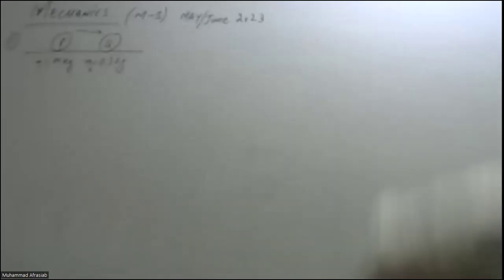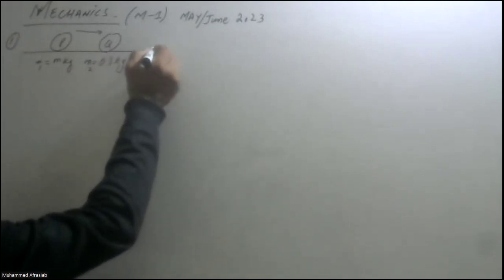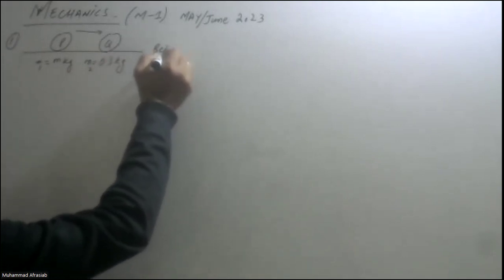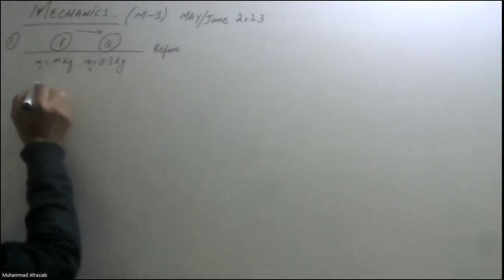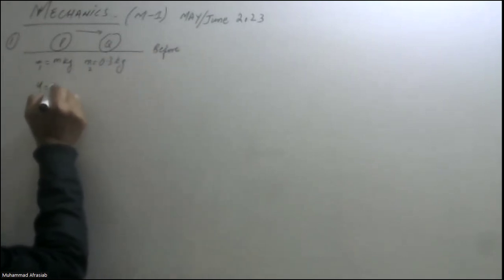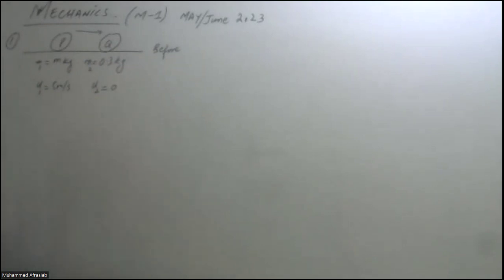So P and Q are the two particles of masses m kg and 0.3 kg, and P is moving towards Q. Before the collision, the speed of particle P is 5 meters per second, whereas Q is at rest.